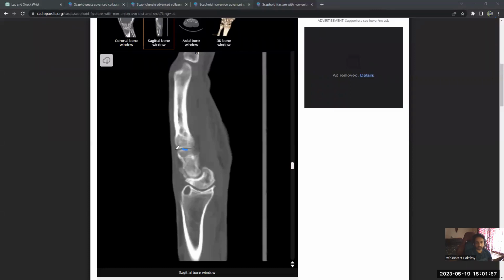This is the capitate bone that has moved into the lunate proximally, so the lunate is tilted dorsally. That is how DISI deformity forms in a SLAC and a SNAC wrist. Okay, so that is it.